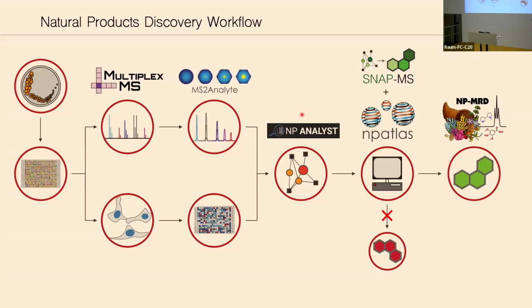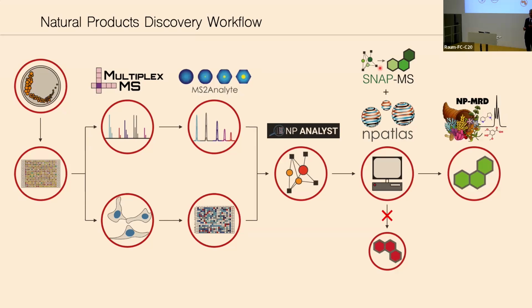Then the last three on the end here, these are the ones we're going to talk about today. So NP-Atlas is a database that contains all the known microbial natural products that have ever been published, or at least that's its aim. SnapMS is a tool for reference library free annotation of metabolomics data for natural product structures.